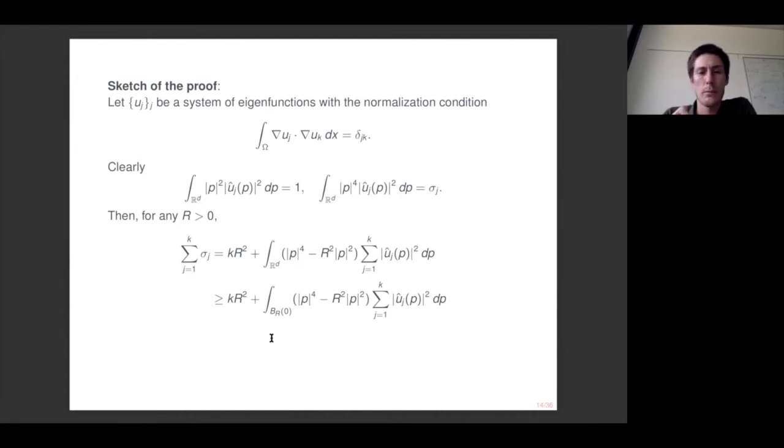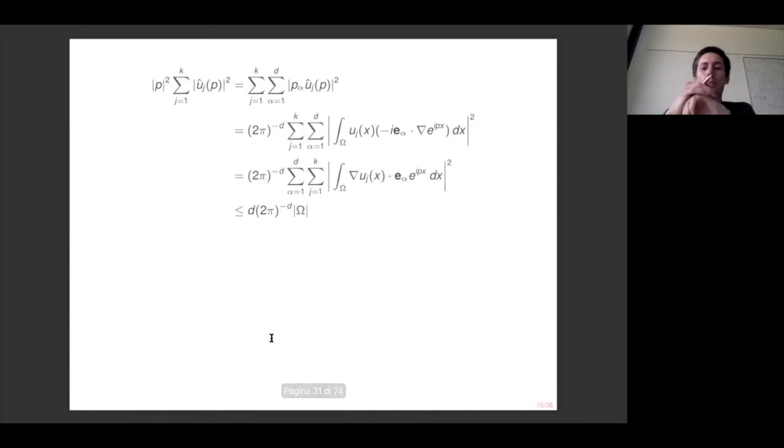So Levin and Protter in their proof proceeded in this way. They consider the modulus of p squared times the first k Fourier transform eigenfunctions. So they consider this quantity here, and they rewrite it by incorporating the modulus of p squared inside the Fourier transform, by considering the gradients of the generalized eigenfunctions.